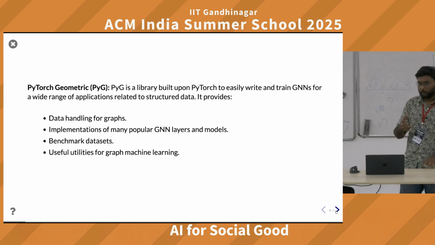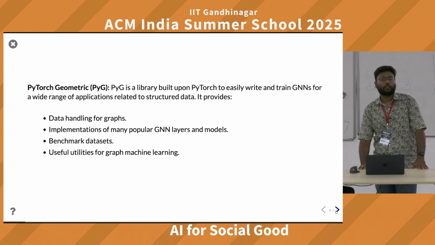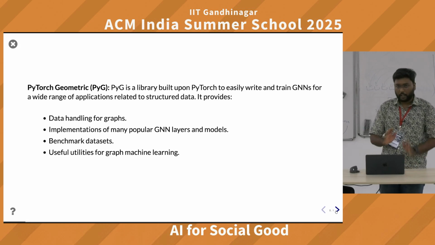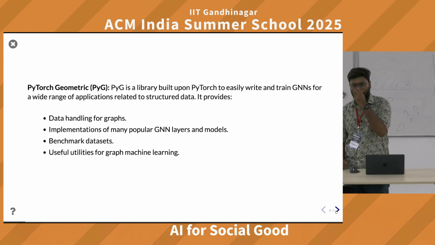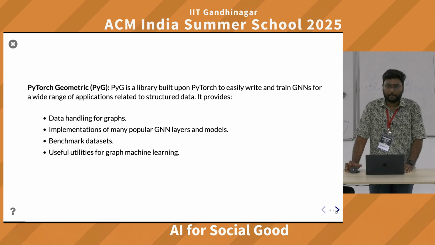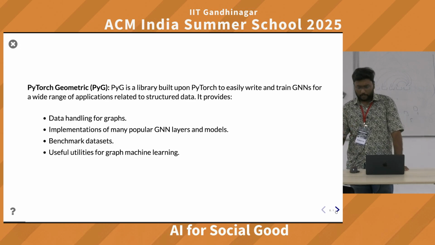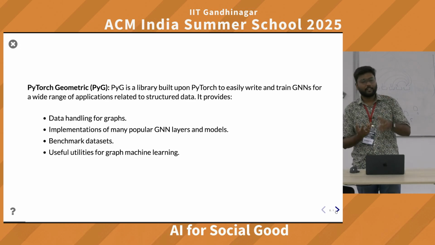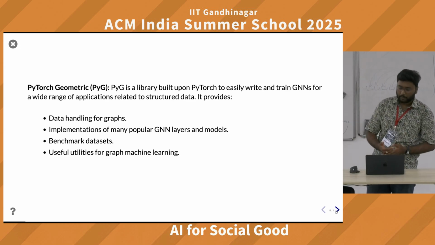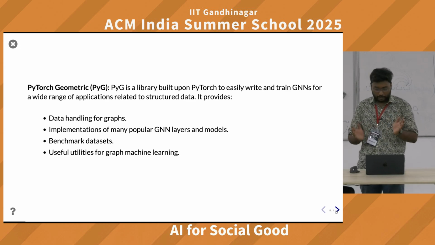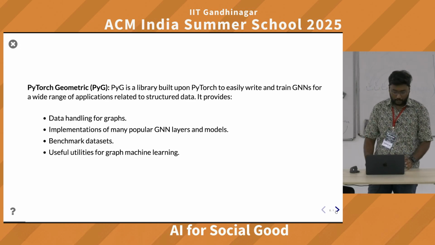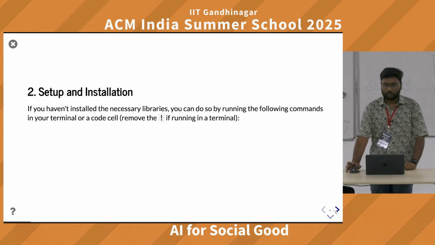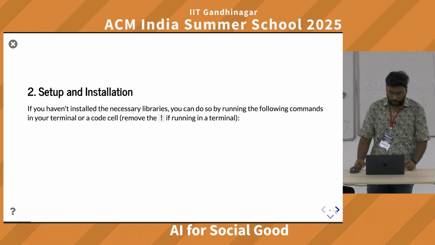Whatever functions you were looking at, those attention layers or GraphSAGE, GCN, have already been defined. You can just use them in your machine learning pipeline. They also have some datasets, so you don't need to download or create datasets, although you can, but you don't need to. There are very standard datasets already existing for a variety of tasks. And they also have some tools to tweak these graphs.